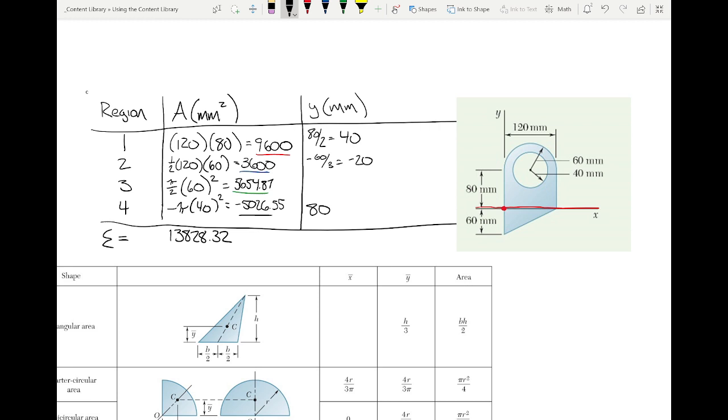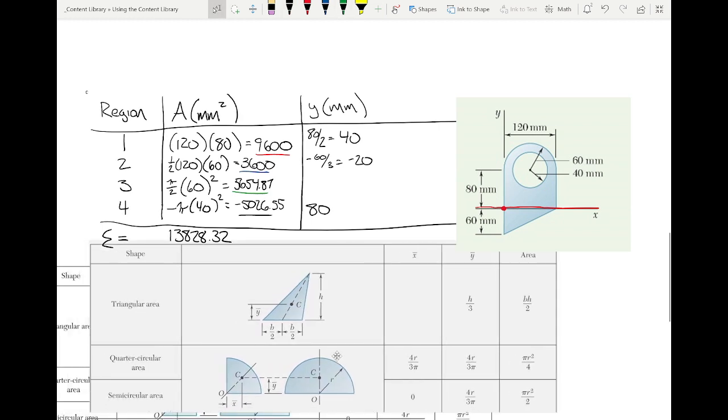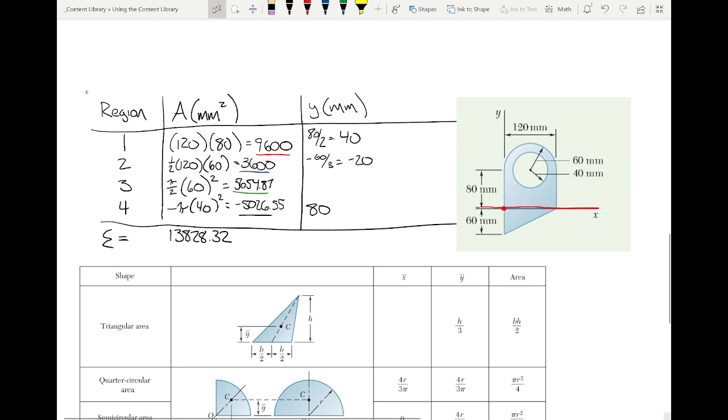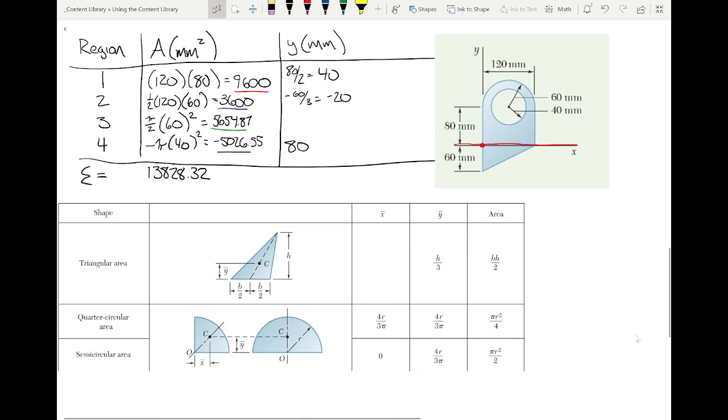Now let's talk about this semicircle. I have here a little reference. This is my centroid reference. Let's see if we can pay attention to what's going on here. I have this semicircular area right here, and what my centroid reference is telling me is that if I want this distance y bar, the distance from the bottom to the centroid of this shape, it's 4r over 3 pi.